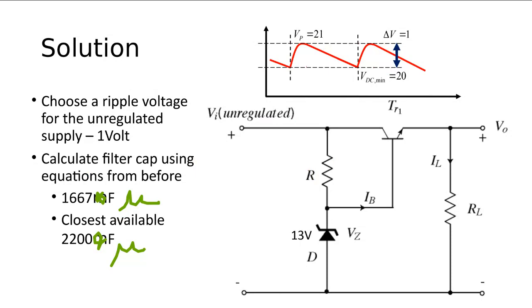Okay. You remember when we were talking about the unregulated supply yesterday, right? There is a ripple on the unregulated supply because once it's supplying current, remember the only quote unquote device in the unregulated supply that is trying to keep the voltage constant is a capacitor.